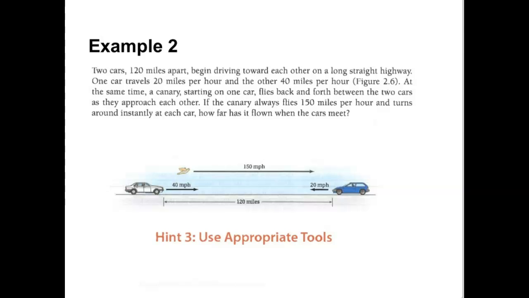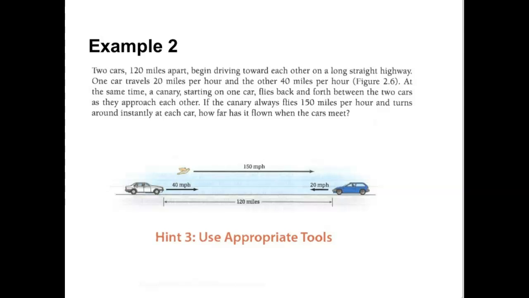All right, in this one, two cars are 120 miles apart being driven toward each other on a long straight highway. One car is going 20 miles per hour, the other is going 40 miles per hour. At the same time, a canary starting on one car flies back and forth between the two cars until they meet. Okay?